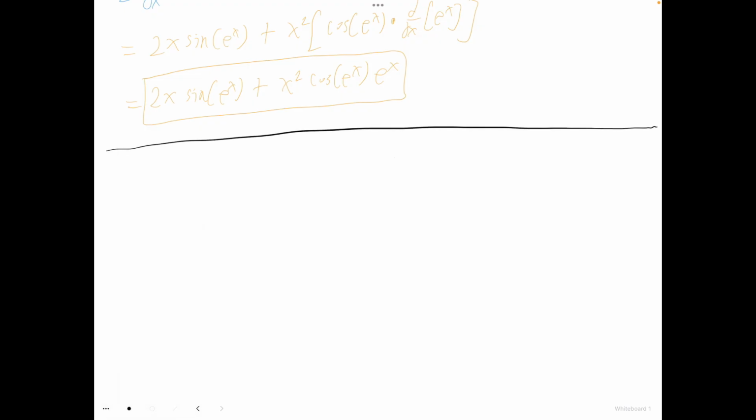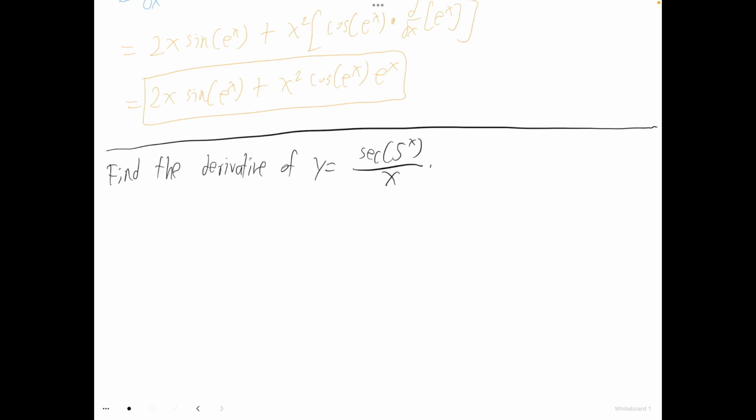So now for our next example, we want to find the derivative of y equals secant of 5 to the x divided by x. So we look for the outermost thing going on. The outermost thing going on is we've got a quotient of things.